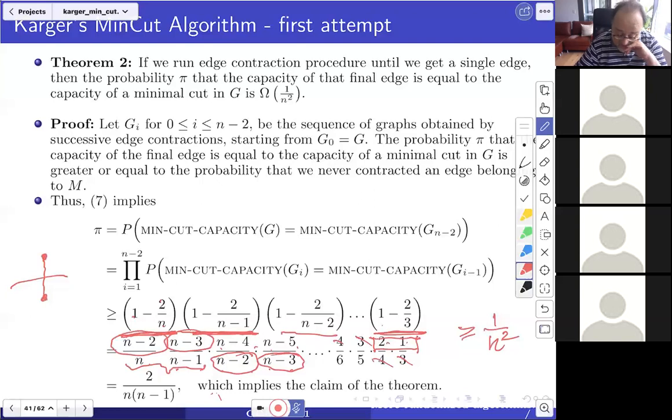Which essentially would never happen. And this is the point where I am amazed that Karger didn't give it up, right? Because it looks like a pathetic, unlikely event that things will not be messed up. But victory belongs to the brave.